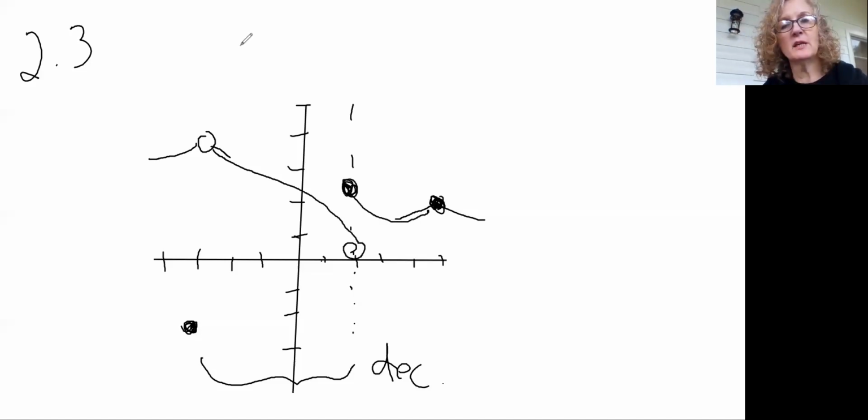As x approaches 2 from the left, I don't even know where that open circle is. Let's pretend that's at x equals 0. And as x approaches 2 from the right, I'm getting closer and closer to, what have I got, about 2.5. So the limit from the left of x equal 2 is less than the limit from the right.